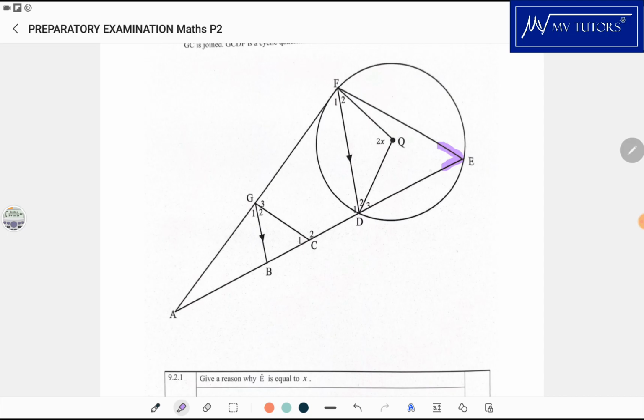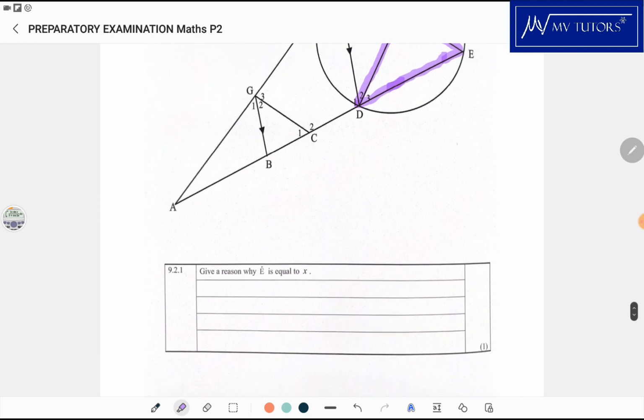Because if you look where it comes from, this segment FD, but FD also goes to the center. So the reason is what we call, do you remember what we call it? Angle at center is twice the angle at the circumference.